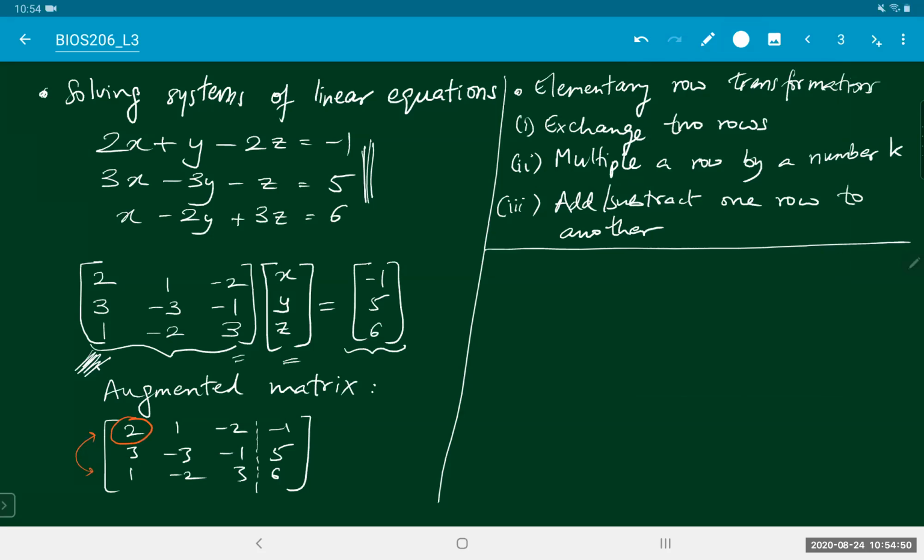So let's do that. First, I will interchange first row and third row. So I get 1, minus 2, 3, 6. The second row remains unchanged and the first row has come down.